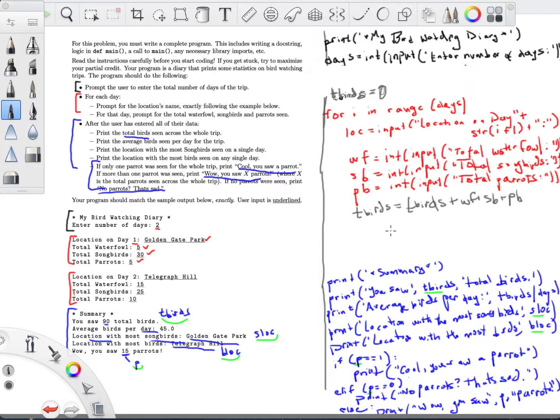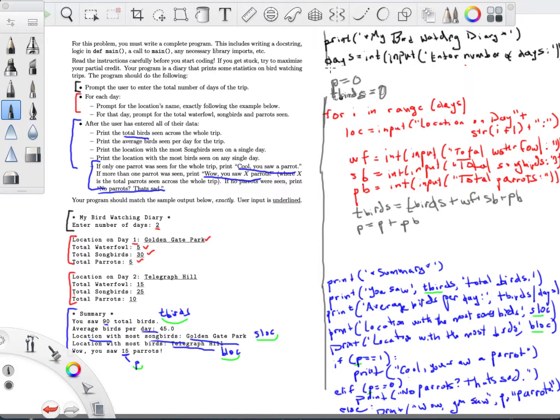I also need to keep track of the total number of parrots, right? The same sort of accumulator pattern. P equals 0, P equals P plus PB. That is enough. That's how to total up parrots. I also need to keep track of the most birds and the location.